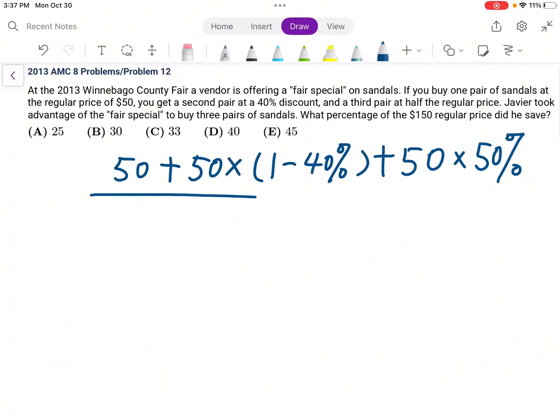And without the discounts, he would have spent $150. And we simplify that.